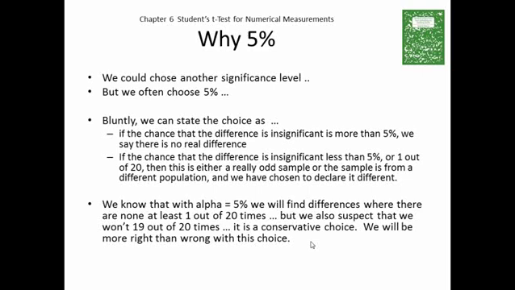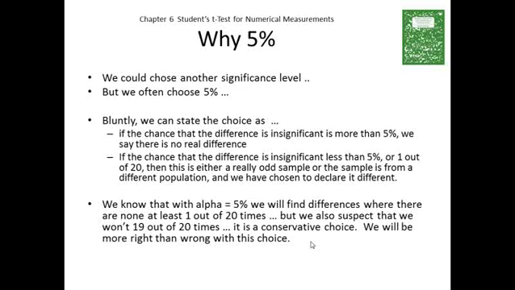One of the key questions might be, why are we choosing 5% as our significance level? I mean, we can choose other numbers, but we often choose 5%, and why? We'll return to the subject after we've done this a few times, because by then you'll see how it works out. But for now, I'm going to try to put it in a straightforward, blunt manner.